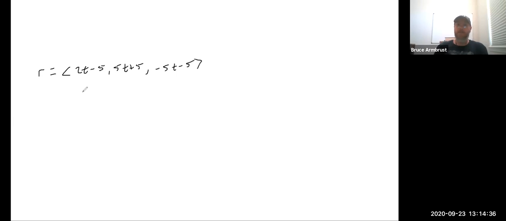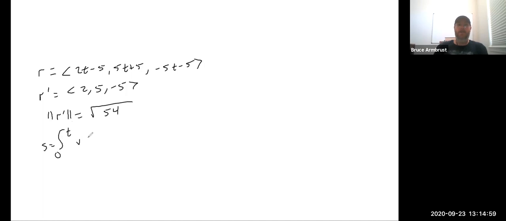And this one actually is going to be even easier because when we find R prime, notice that it's a constant function. So finding the magnitude of R prime is pretty trivial, right? It's 4 plus 25 plus 25, which is the square root of 54. And so if we integrate that, from here you can see that it's going to play out exactly like the other one, right?